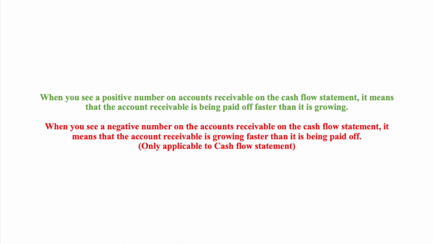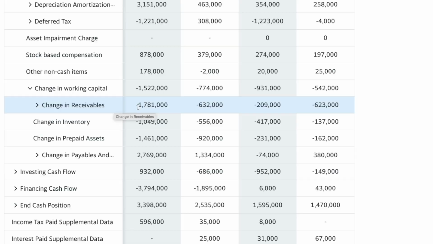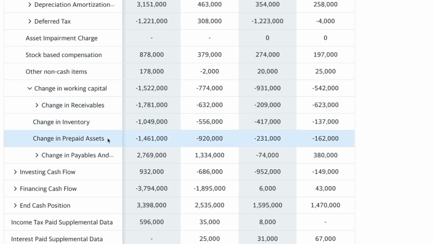Since this is a negative number, and this holds only for the cash flow statement, it means the accounts receivable is growing faster than it is being paid off. As you see, this number is increasing year over year because more money is owed to the company by its debtors.